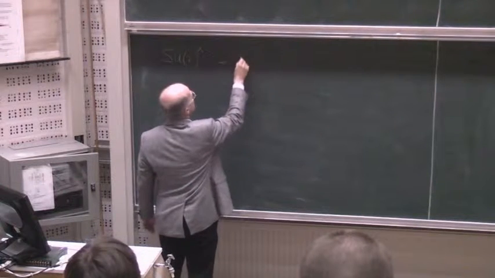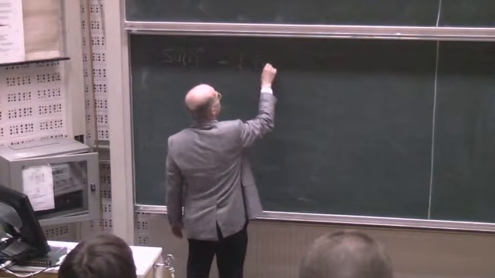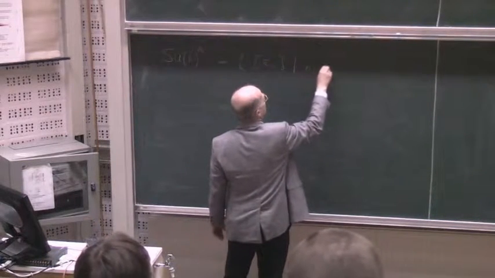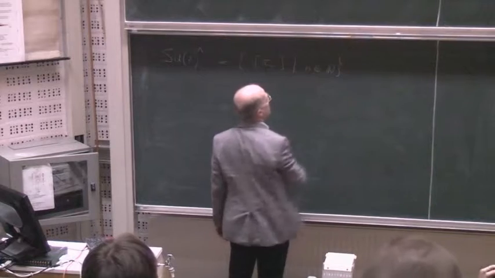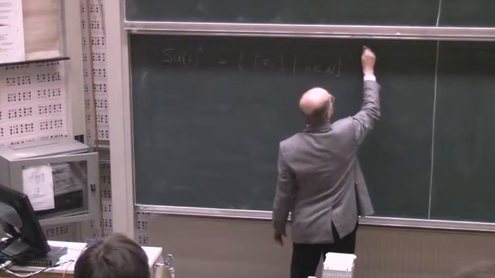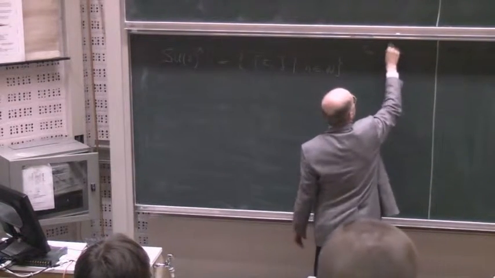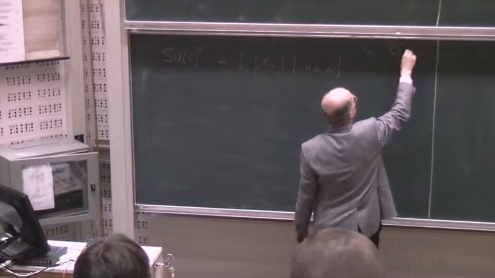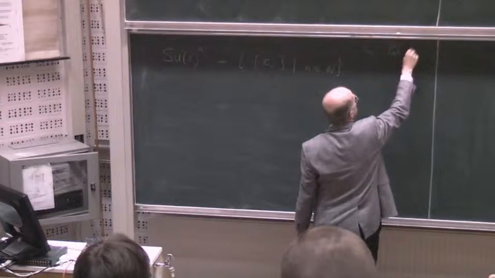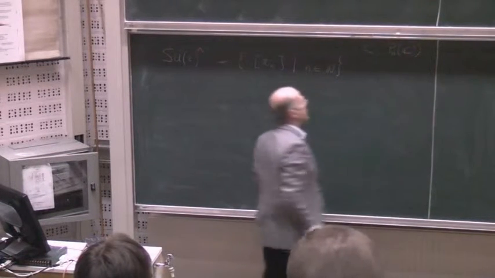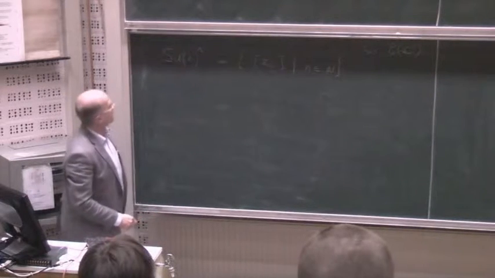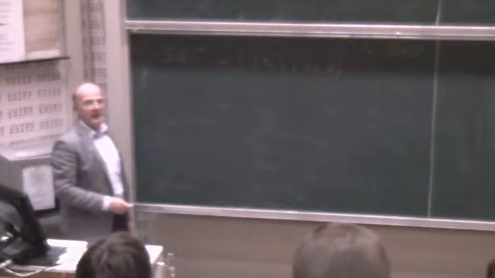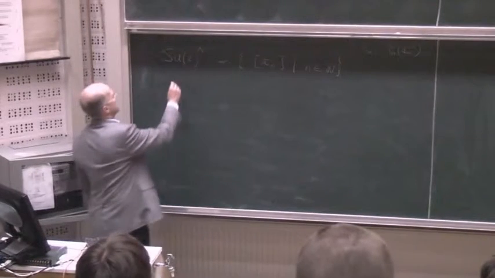The statement last time was that this is the set of the classes determined by the pi n, where n runs over the natural numbers, and pi n is a representation of SU2 in the homogeneous polynomials of degree n in two variables z1 and z2, so polynomial functions on C2. And today we will do this by using algebraic methods.